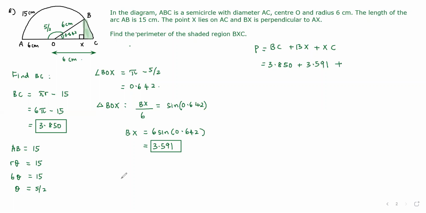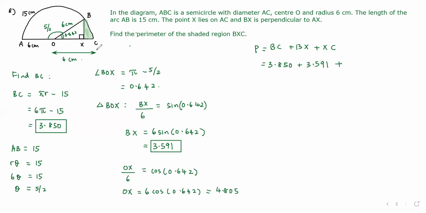OX over the hypotenuse is cosine of 0.642, so OX is 6 times cosine of 0.642, which is 4.805.